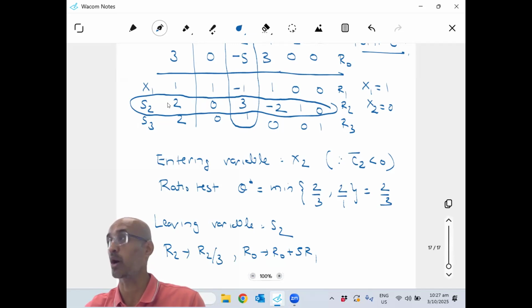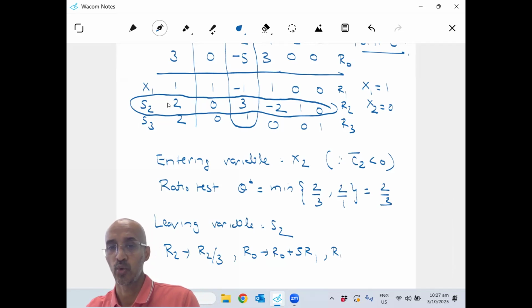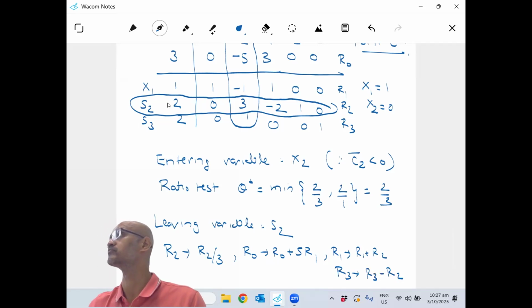So now minus 5 plus 5 times 1 will make it a 0. Then I do row 1 plus row 2. Row 1 will be transformed to row 1 plus row 2. And the last one I will do is row 3 will be row 3 minus row 2.